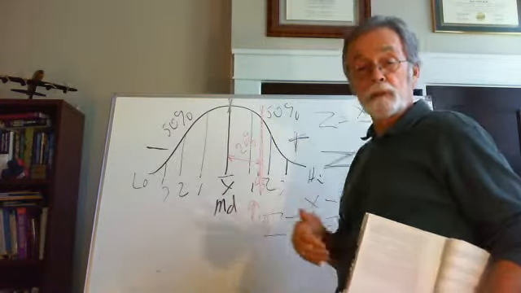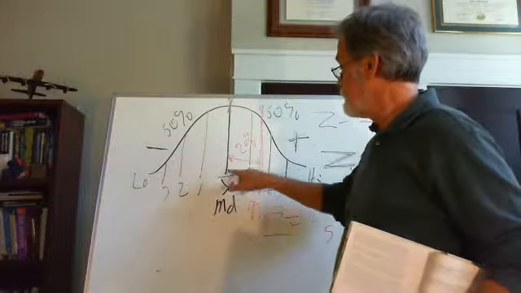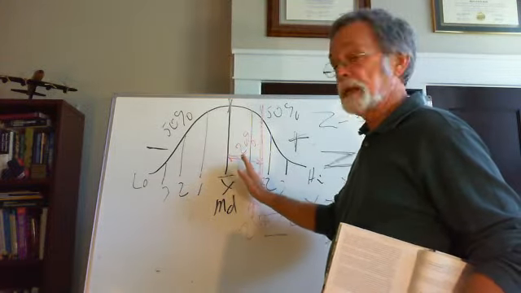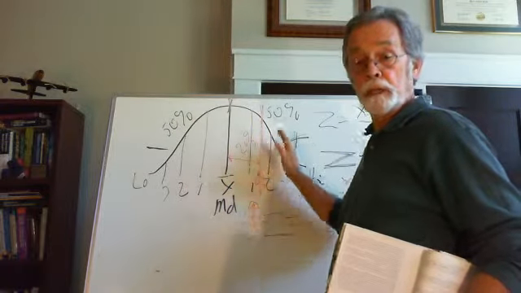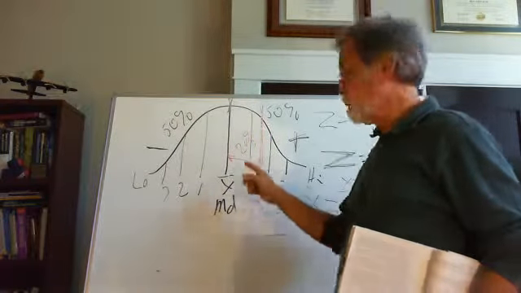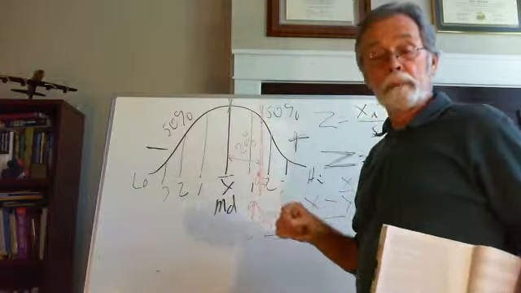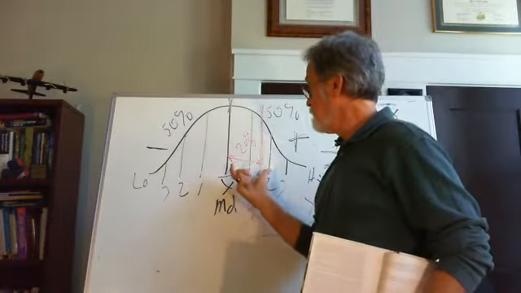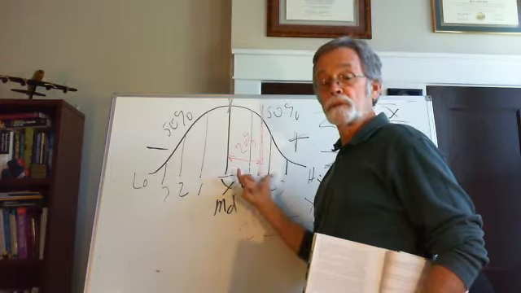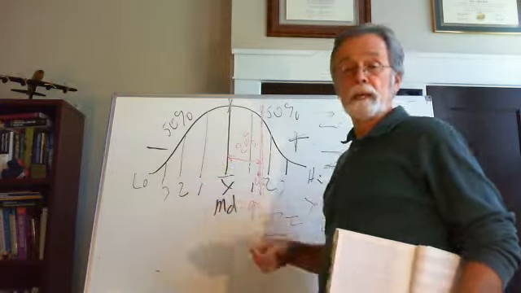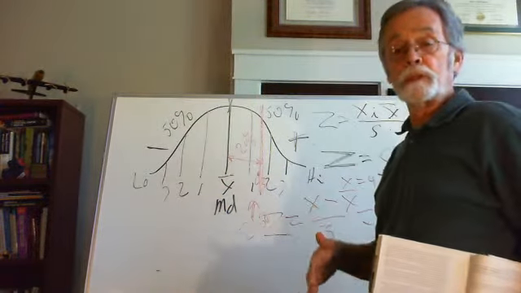So very quickly with this table, we can see what percentage lies between the standard deviation, or the z, and the mean, and how much lies beyond it. Column A gives us the location. Column B gives us the percentage of the distribution between that particular z and the mean, and then column C tells us how much is beyond B.